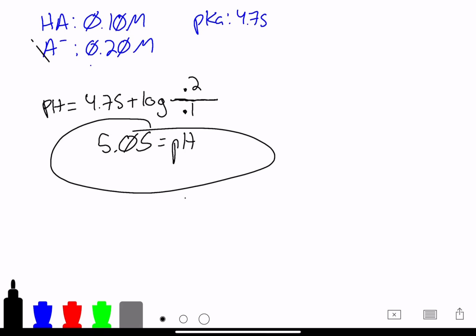Okay, so the next one I assigned you, 21.9. It says find the pH of a solution that is made when we take 2.16 grams of propanoic acid, and it gives you the formula there, and 0.56 grams of NaOH.